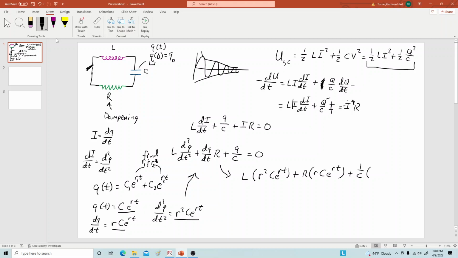Now the C's in the functions of Q are just constants. Okay, and perhaps I should have used a different letter so it wouldn't get confused with capacitance.